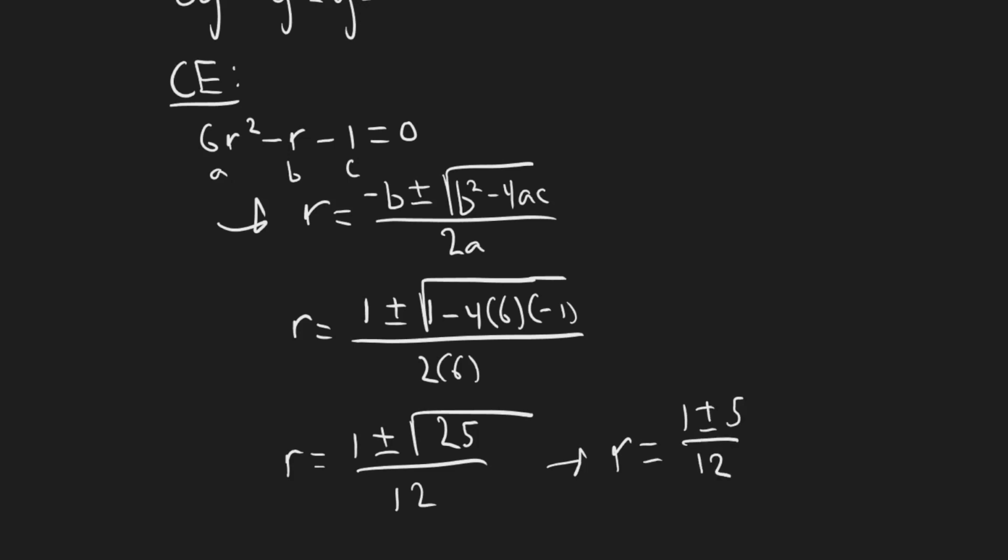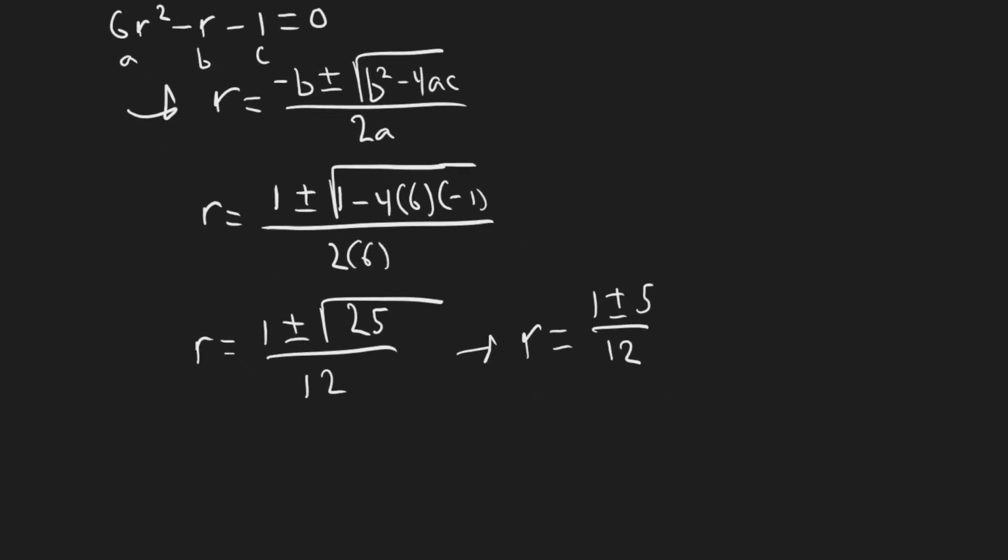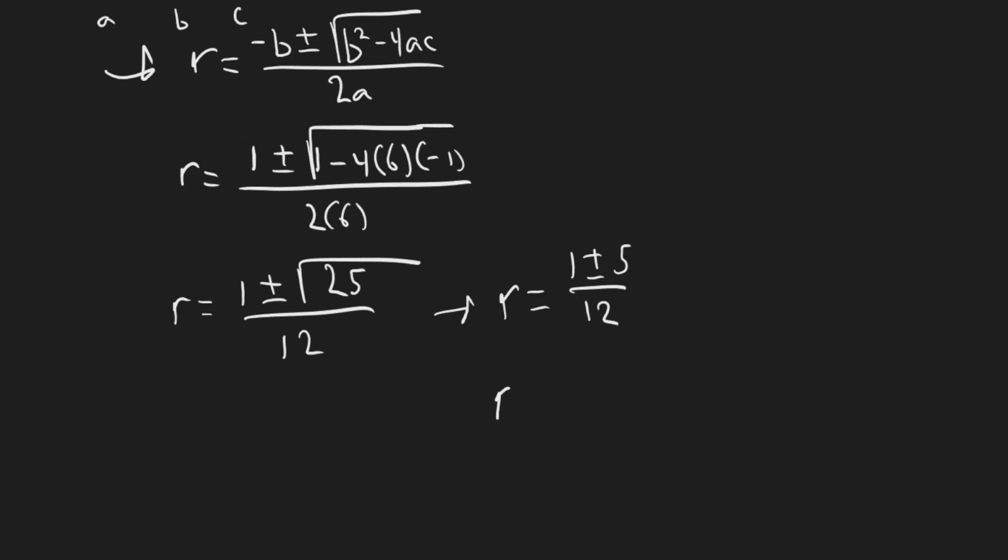And so you can see, even though we use the quadratic equation here, we're still going to have two distinct real roots. So r1, let's just choose arbitrarily that r1 is when we choose positive in the plus or minus. So 6 over 12, that's just going to be 1/2. And then r2, let's say is minus, that's going to be negative 4 over 12. So that's just going to be negative 1/3.